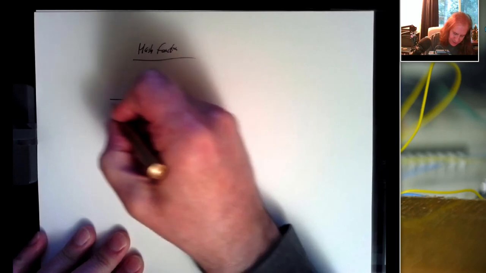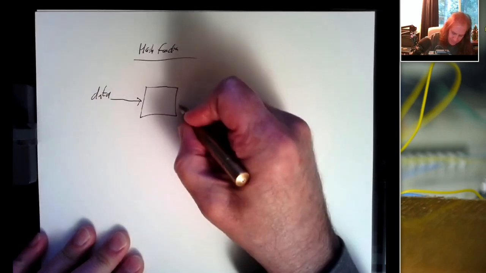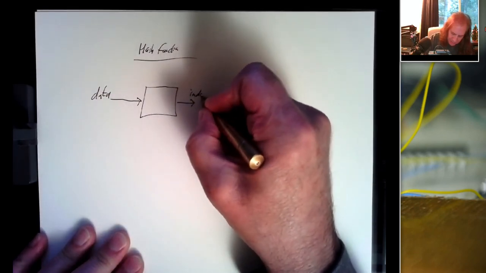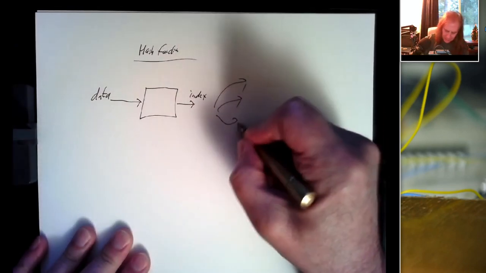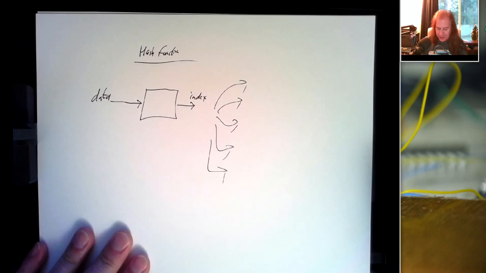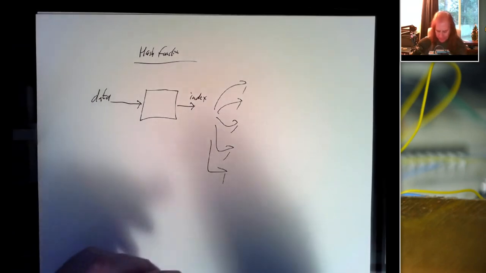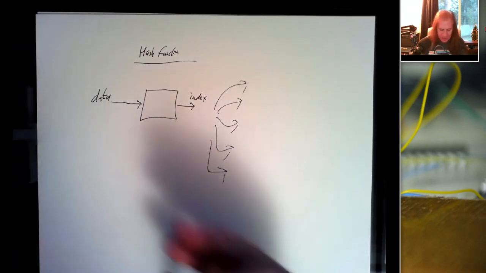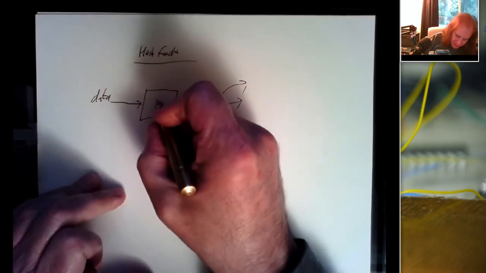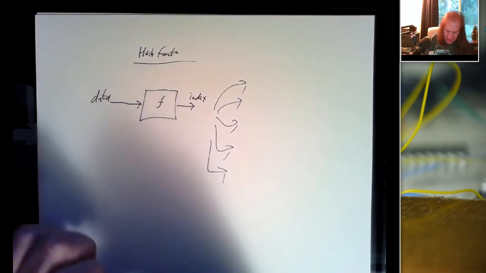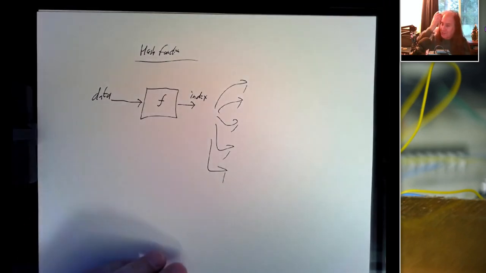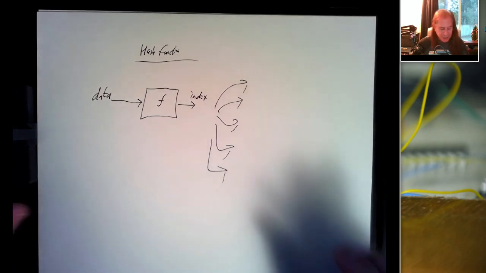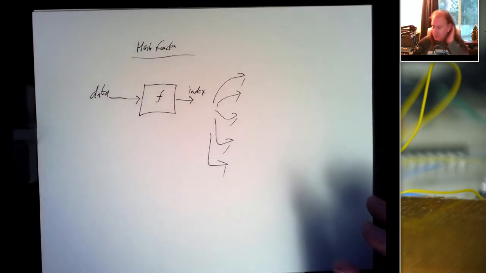We put in data and we get out an index, and then we use that index to select one of our linked lists. And we can make this function anything that we want, but ideally it'll be something that will split the set of data we expect to work with evenly into however many linked lists or buckets we decide to map into.